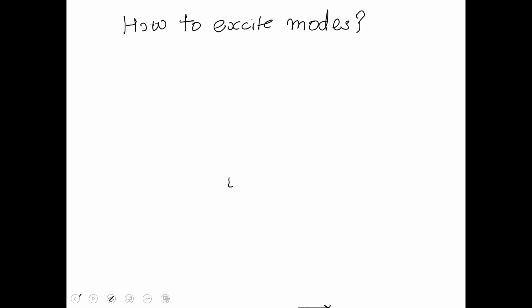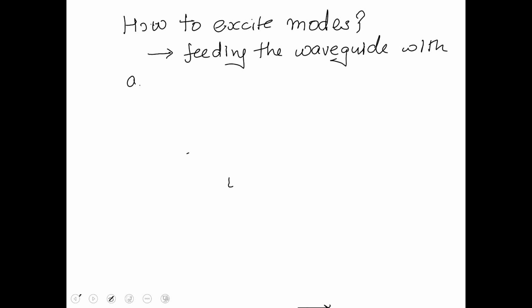So if I look at the excitation, normally the excitation is done by feeding the waveguide with a coaxial cable. So let's see.